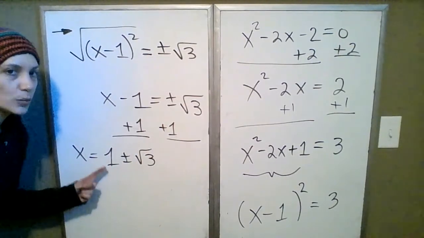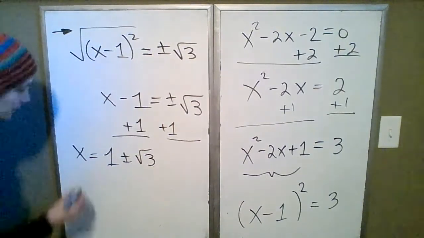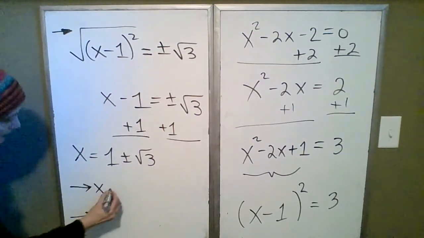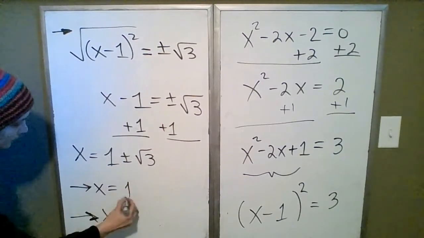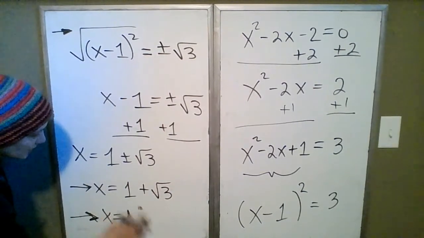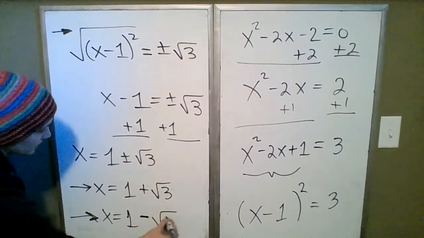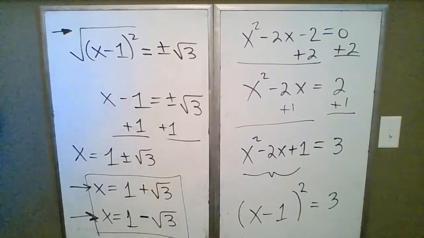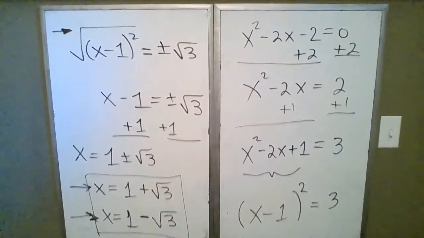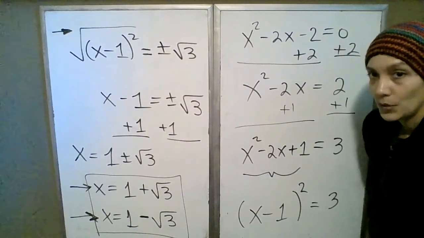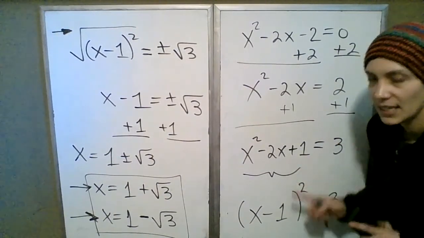So there's 2 solutions, the 1 plus root 3 and a 1 minus root 3. We're going through one more example like this and then switch to another topic.